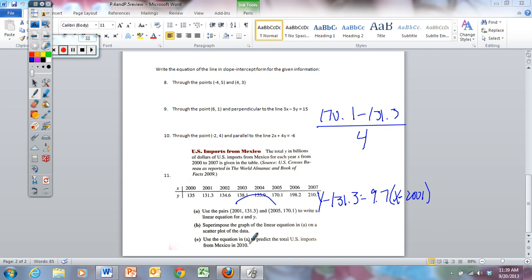Oh, I can't read that one. I need to erase. 155.9 for year 4, 170.1 for year 5, 198.2 for year 6, and 210.7 for year 7.